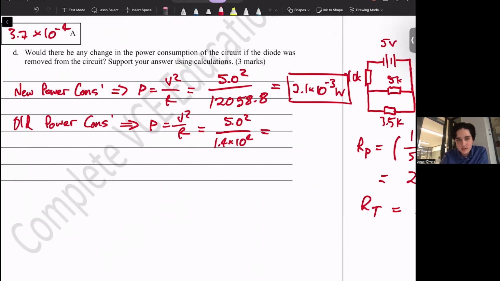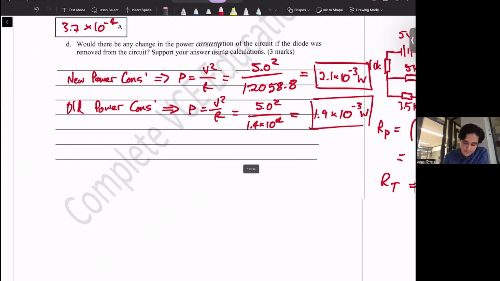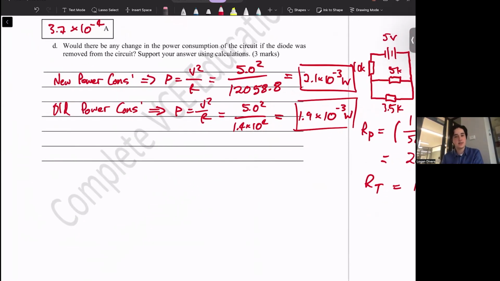Put that in, and you will get 1.9 multiplied by 10 to the power of -3 watts. Those numbers are different. So we will say, yes, there is an increase in power use.